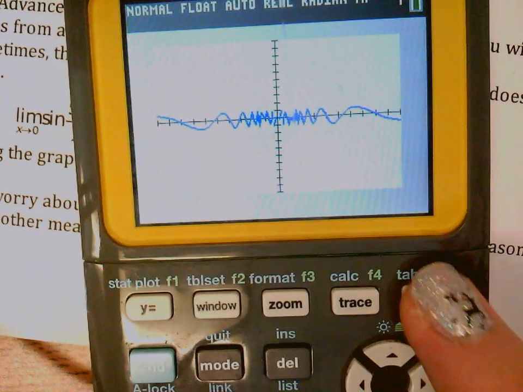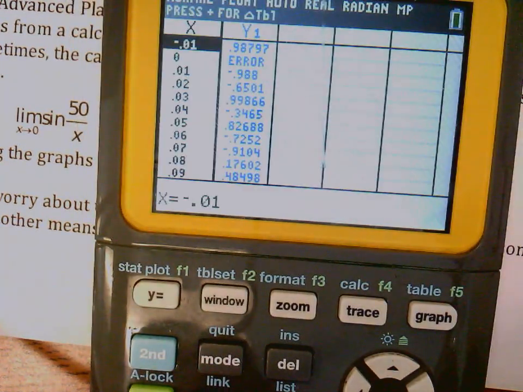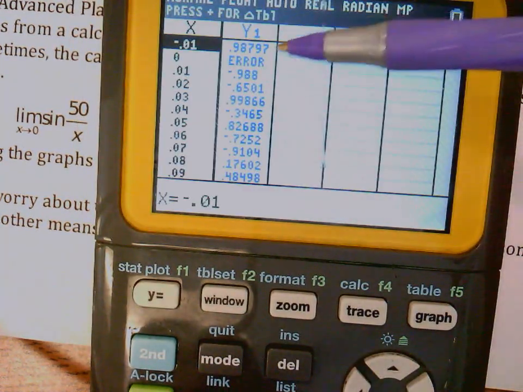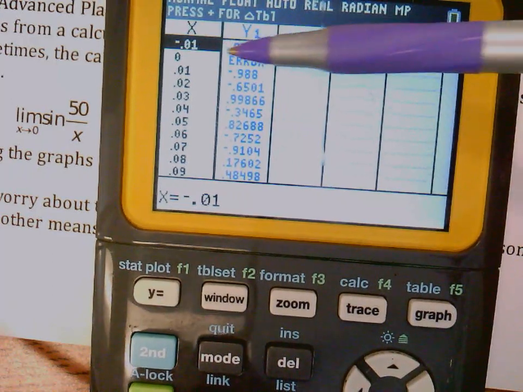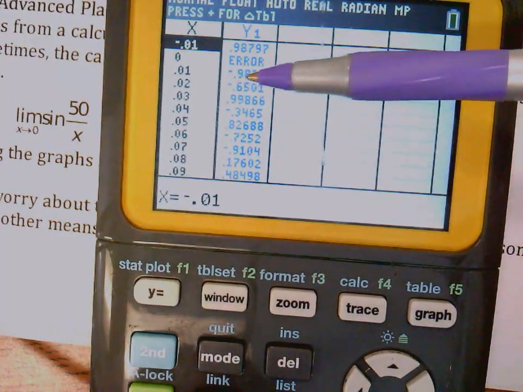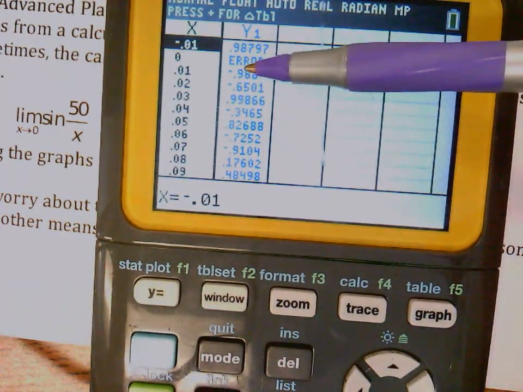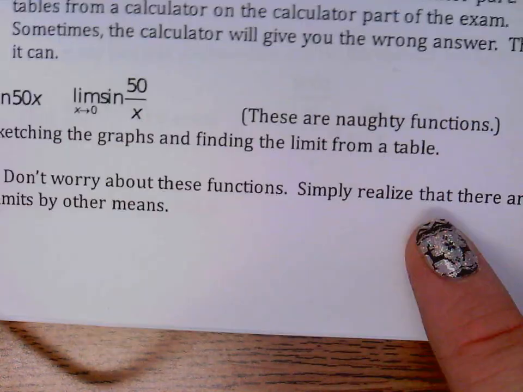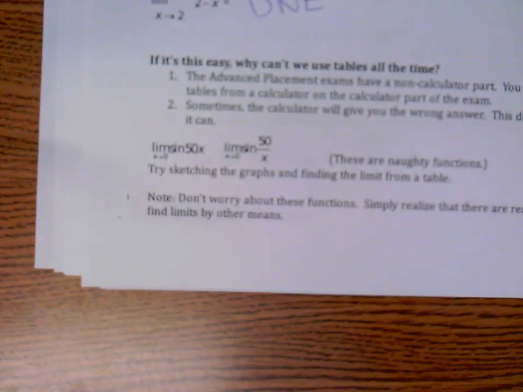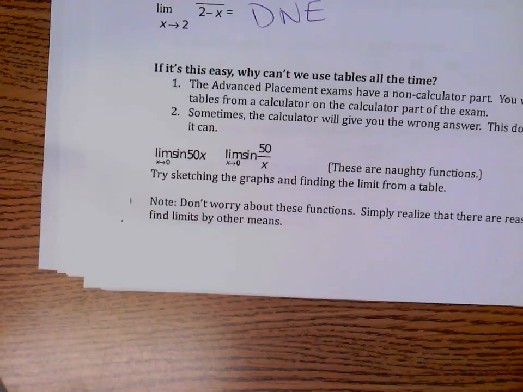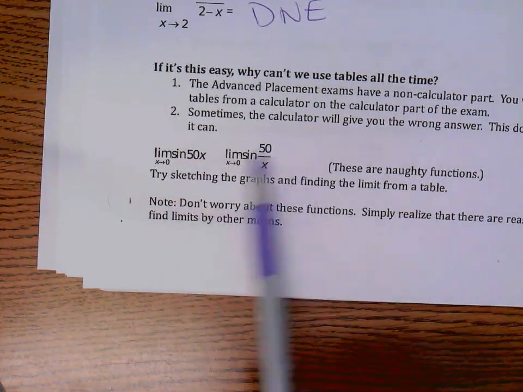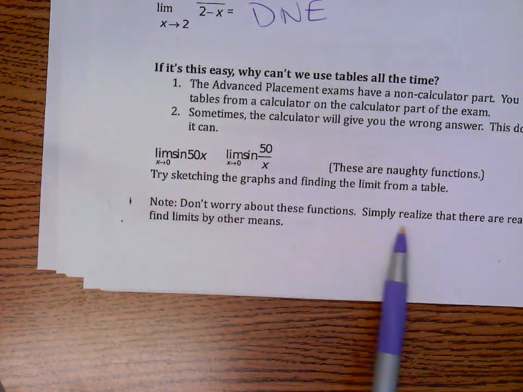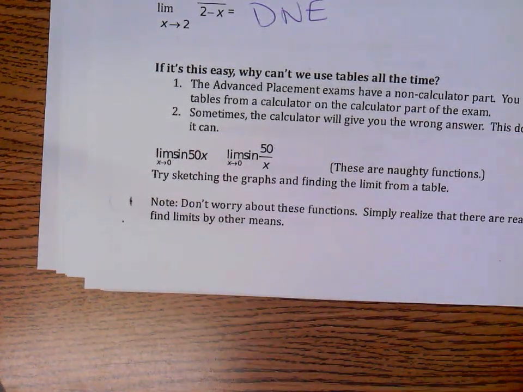In the table, this is approaching almost 1, and this is approaching negative 1. So in between, maybe it's approaching 0. I'm not going to be asking you these types of trig functions anyway. It's just another reason why we need other methods. It just says, don't worry about these functions. Simply realize there are reasons why we need to find limits by other means.